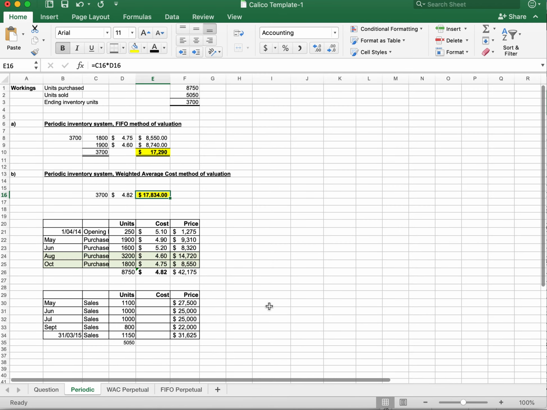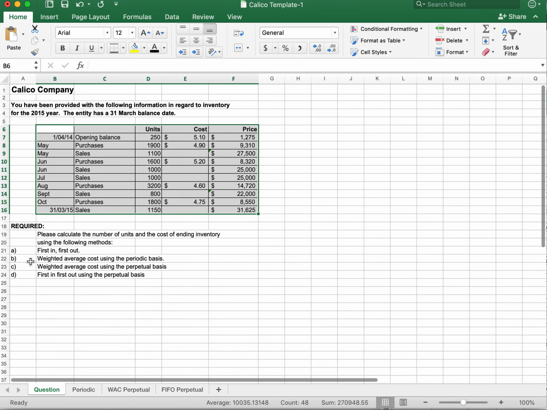Okay, and basically we worked out that there's the stock values there. You can work out what the cost of goods sold is if you like. Right, so that's worked through that whole exercise, A, B, C, and D, and there's, I think, 1, 2, 3 videos to cover this off.